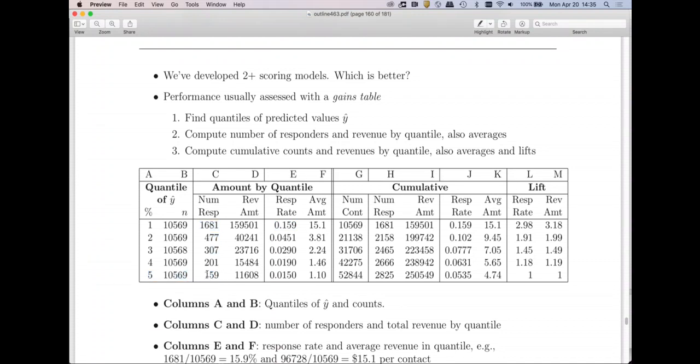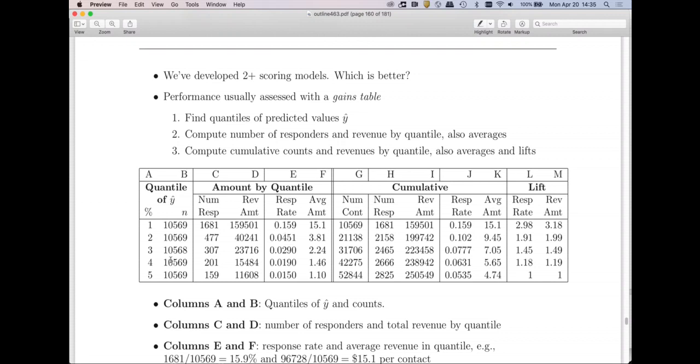These are the worst customers according to my model. In this group, also 10,569 customers, I only got 159 responses, which is about a 1.5% response rate as opposed to a 16% response rate.